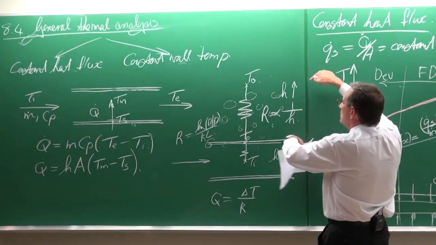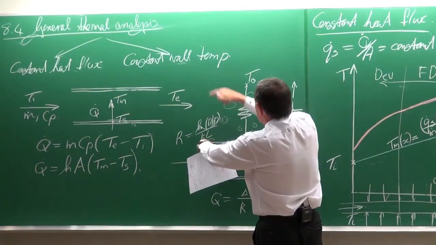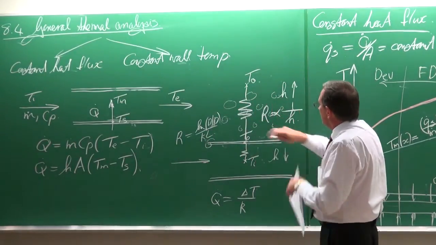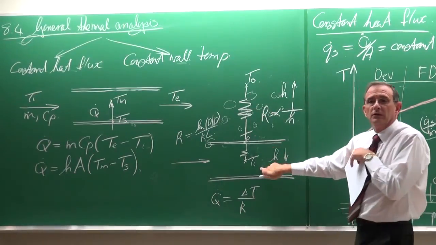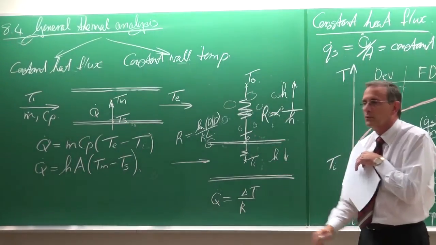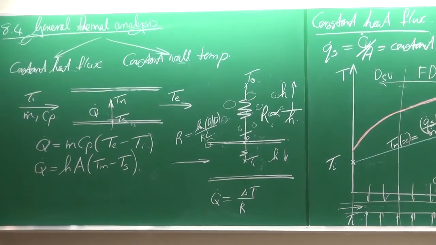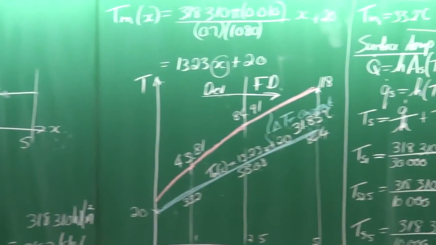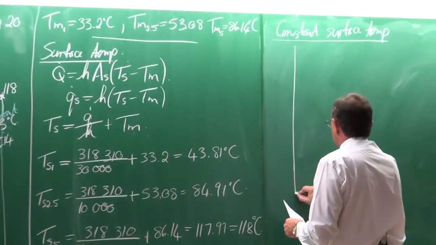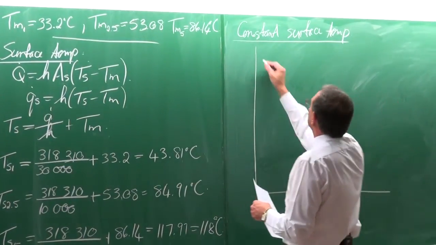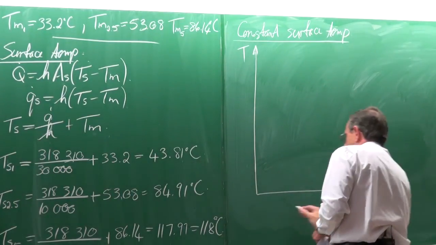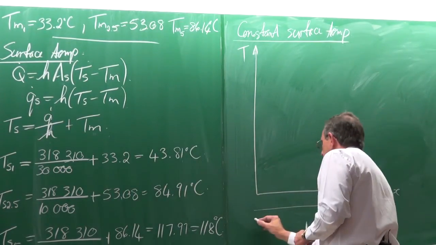You've got boiling here on the outside or evaporation, therefore you will have a constant wall temperature right through. No resistance in comparison with that one. Okay. So let's continue with the case of a constant surface temperature. Let's do it on a graph. Temperature as a function of x, and again we consider a tube.